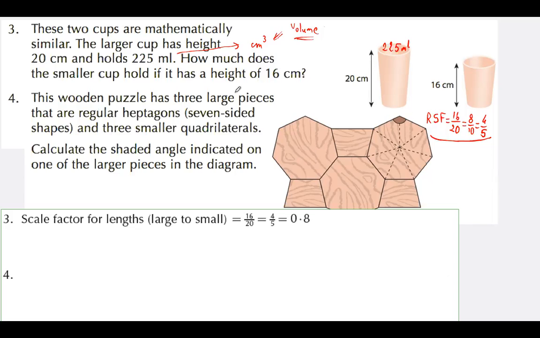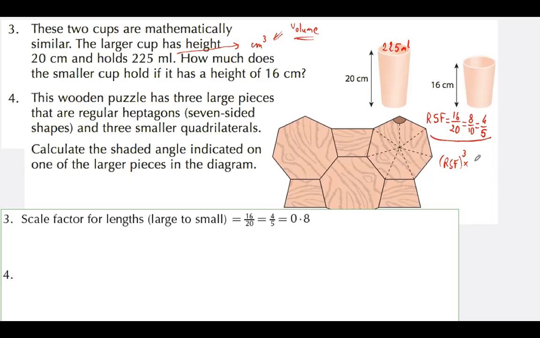Whenever you've got a volume, you need to use your scaling factor and cube it before you times it to the next volume. So that was the only difficulty here, to realize that they are asking you for a volume. A volume can be given in millimeter cubed or centimeter cubed, or in what they call the liquid unit, which is liter, milliliter, etc.